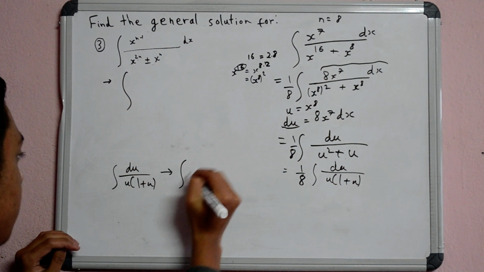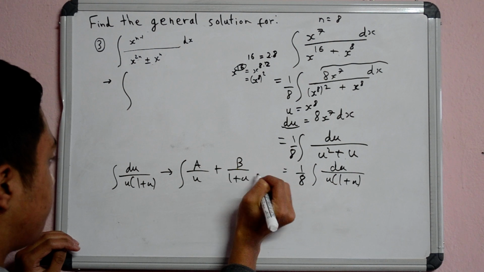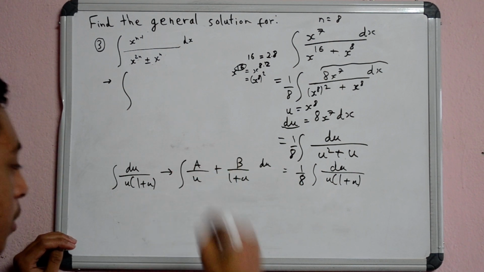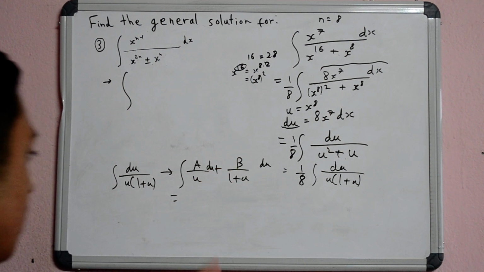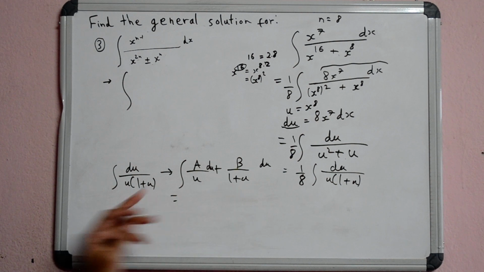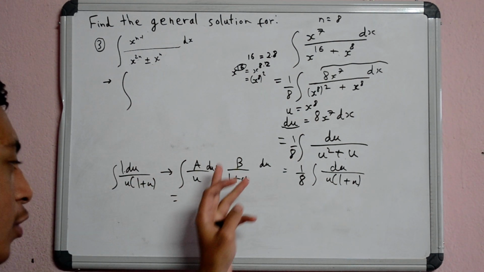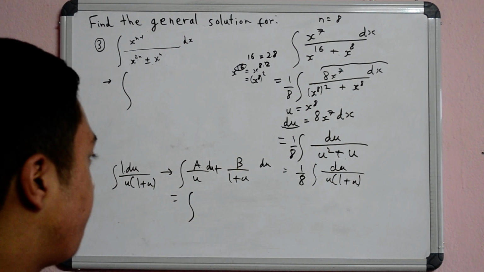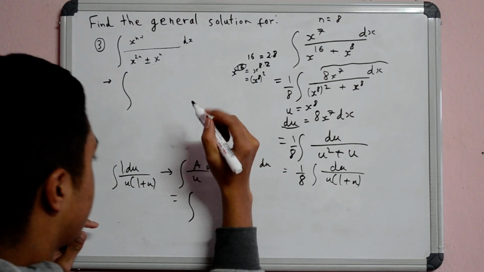So this will be a by u plus b by 1 plus u, and of course du, and this will be a whole bracket. I'll just write here also. And what we want is we just want 1. That means we don't want u in the numerator. So you can calculate this in your head, but you can simply multiply it out.